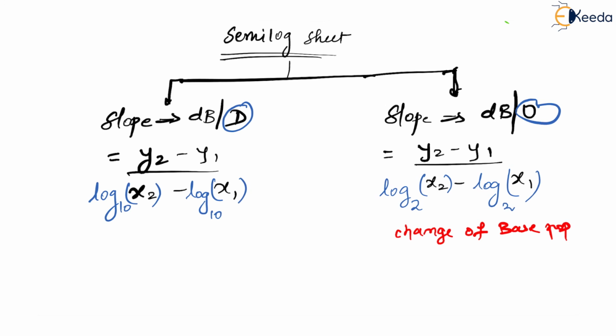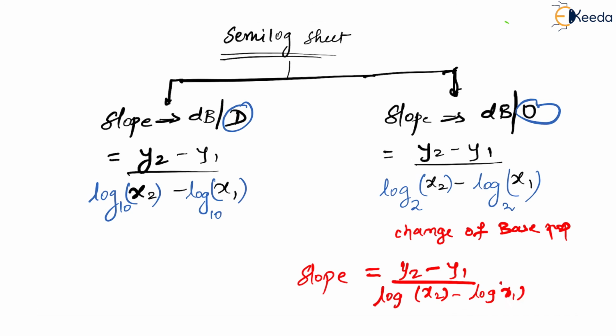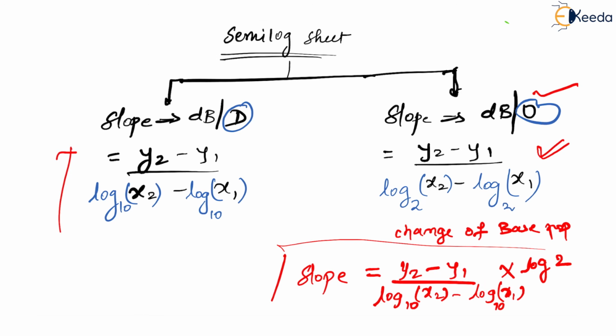I can write the same slope as y2 minus y1 upon log of x2 minus log of x1, let us say to the base 10, just multiplied by log 2. Is that correct? Yes. So either you can use this formula for octave and this one for decade. It is very, very simple.